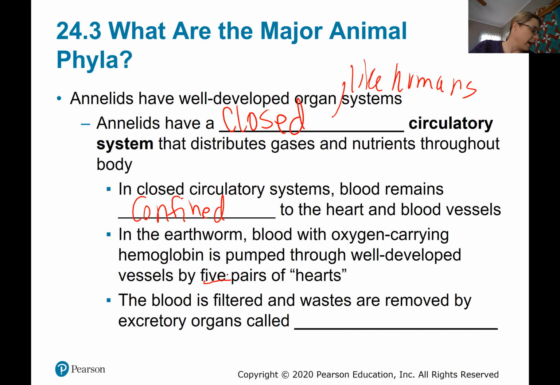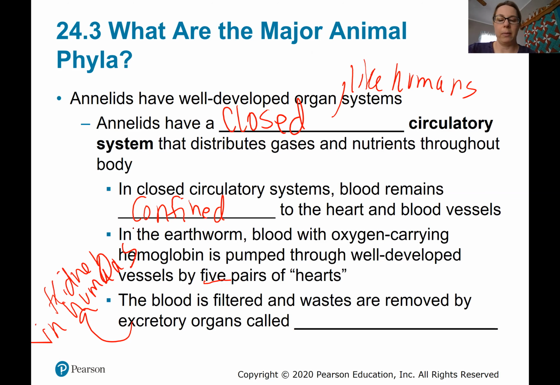They also have excretory organs, which in humans would be the kidney. In the annelids, these are called nephridia, which are very primitive kidneys to help excrete the wastes.